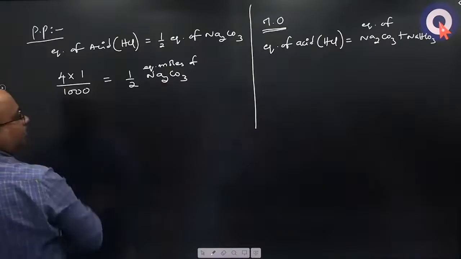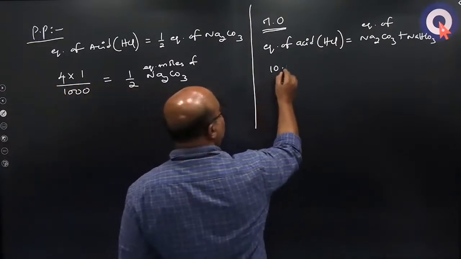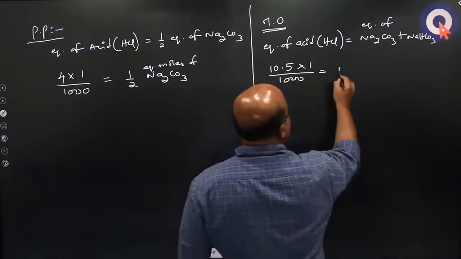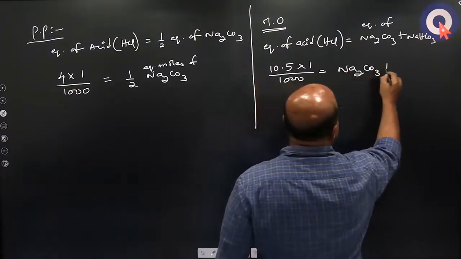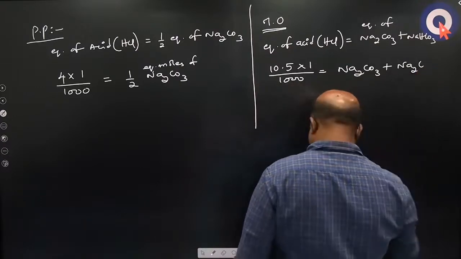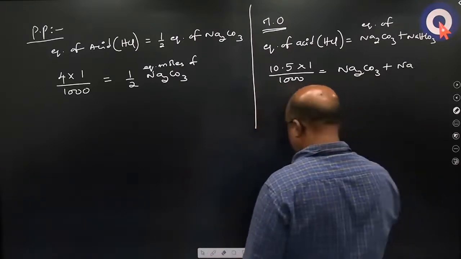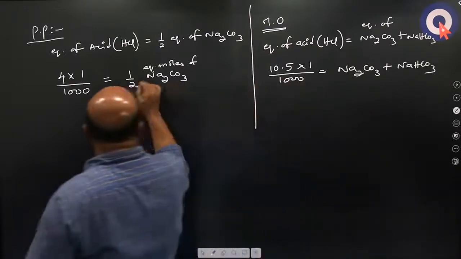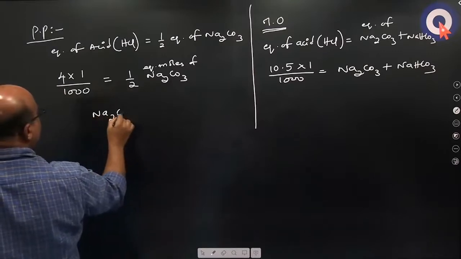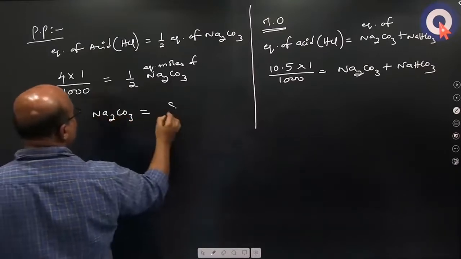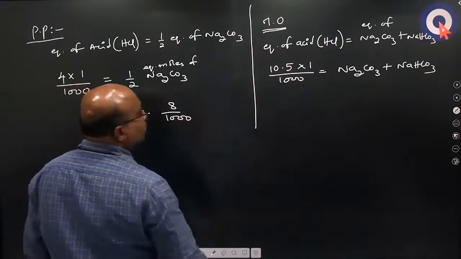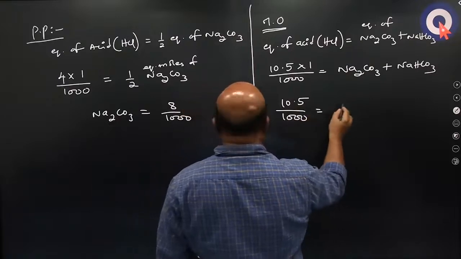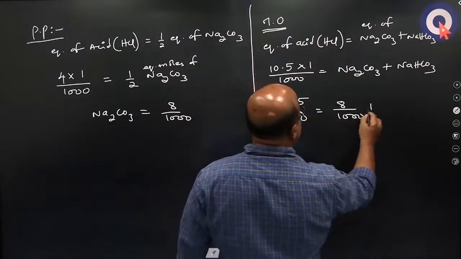So 10.5 into 1 by 1000 is equal to Na2CO3 plus NaHCO3. So we can get Na2CO3 from here: it is 8 by 1000. So 10.5 by 1000 is 8 by 1000 plus NaHCO3.